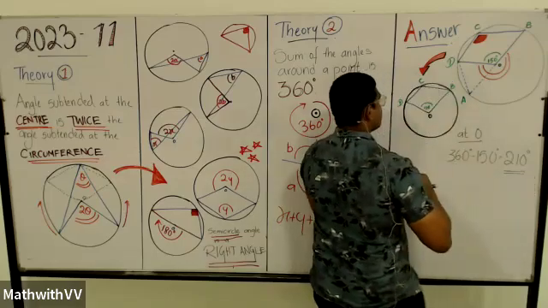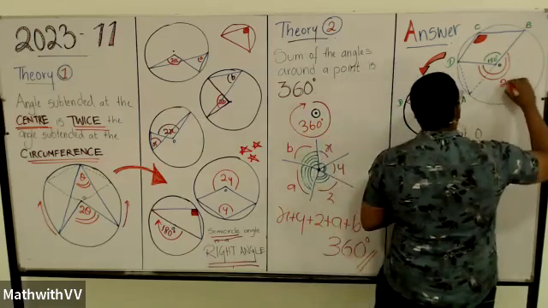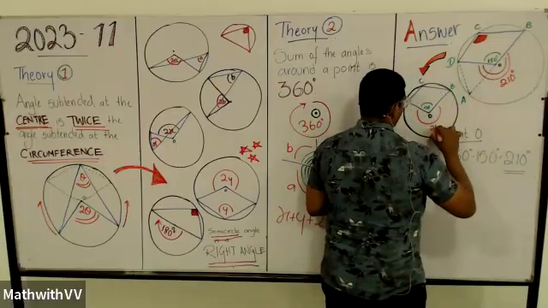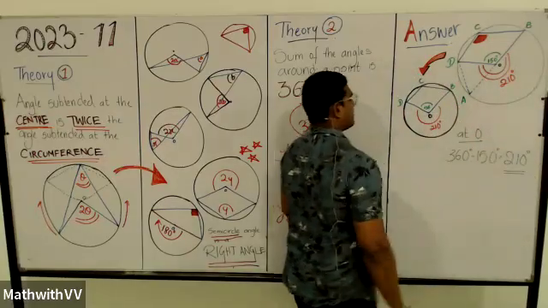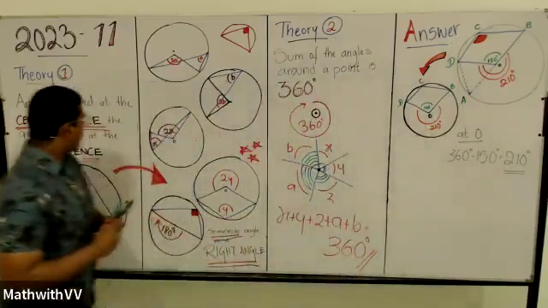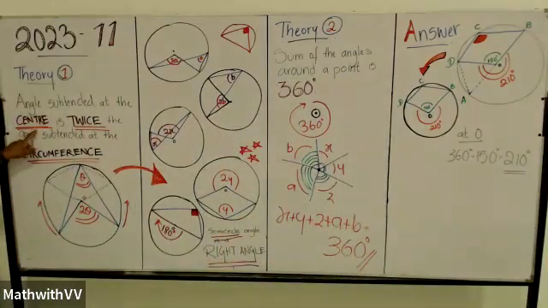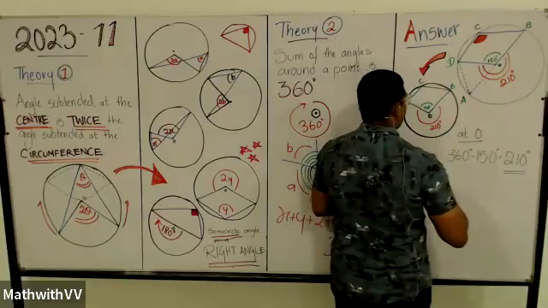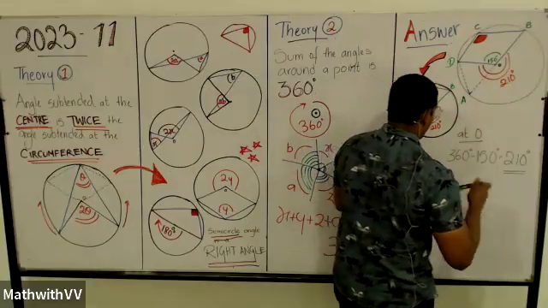So that means this is 210 degrees. What does our theory say? Angle subtended at the center is twice the angle subtended at the circumference. If this is 210, half of 210, how much?